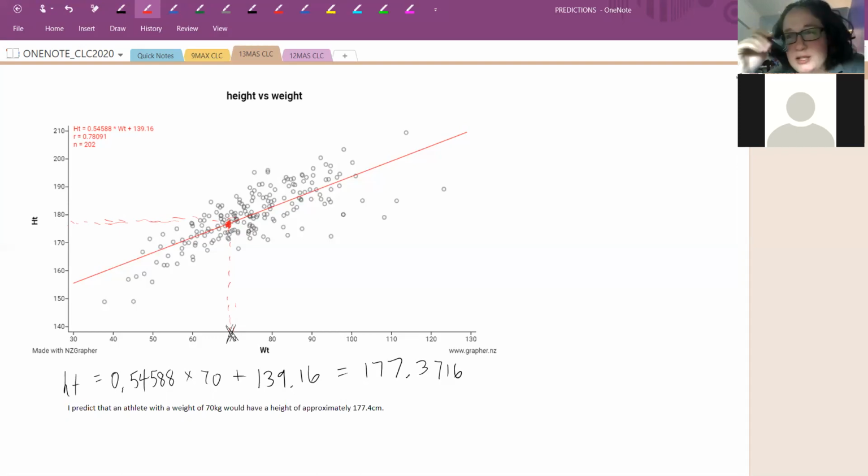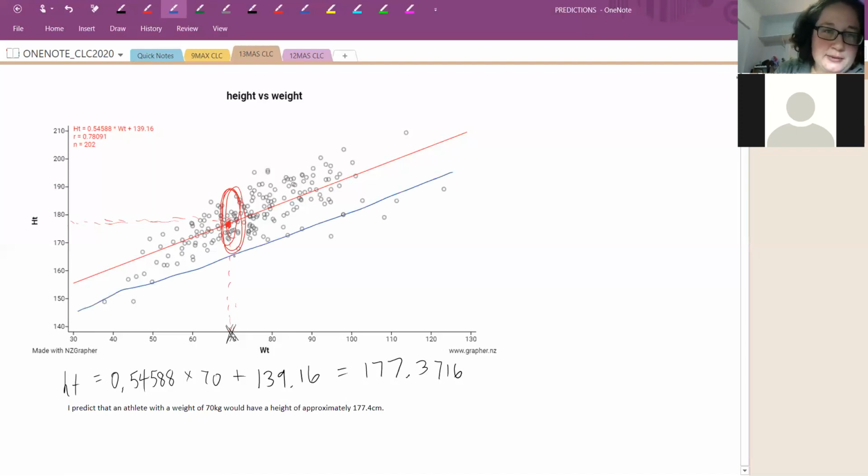However, as you can see, there's lots of scatter around that point. So all of these could potentially be what that athlete could be too. There is essentially a range of what that person could be in terms of their height if they weigh that. So if I draw a line that goes around the scatter on this side, well, pretend it's a line, that's one line, and there's a line on this side.